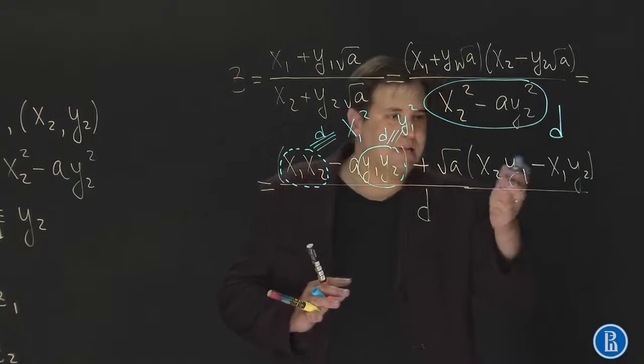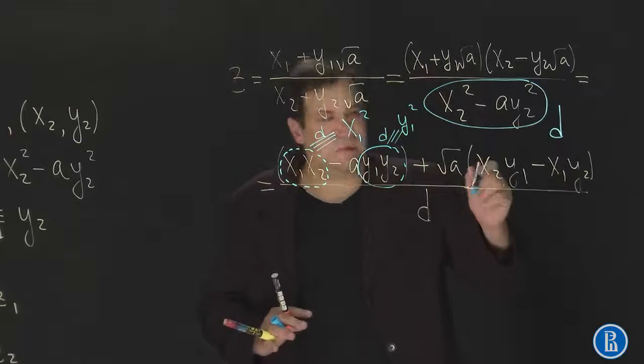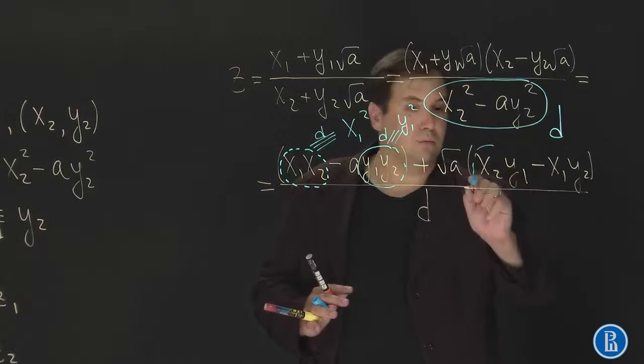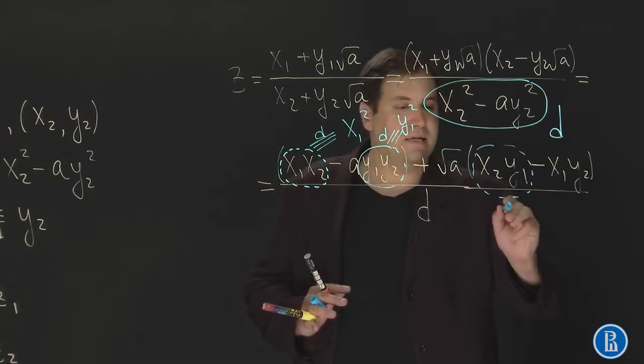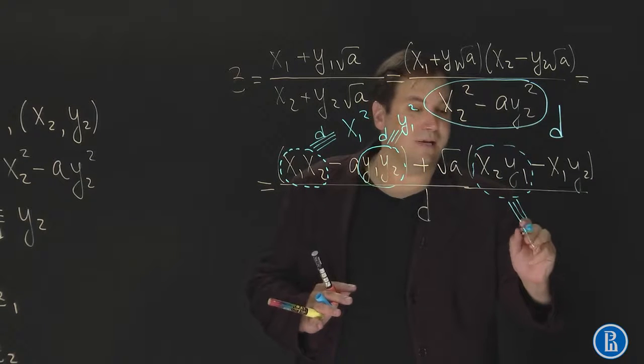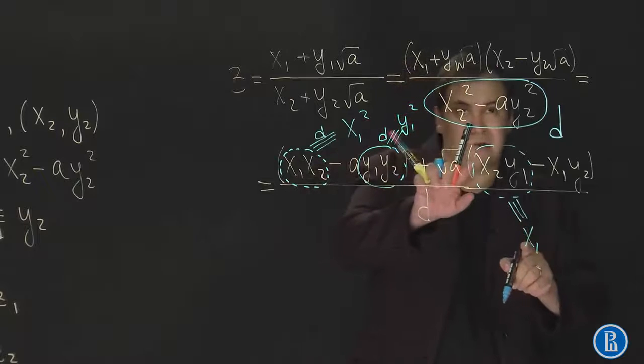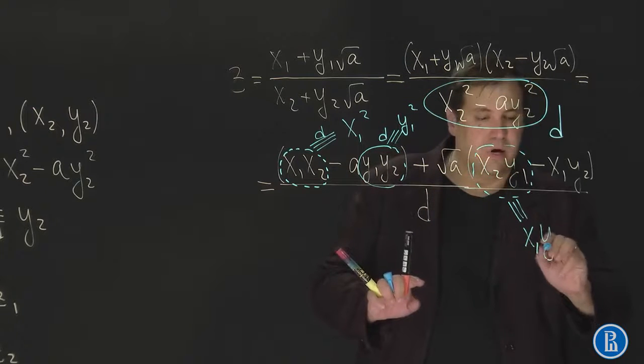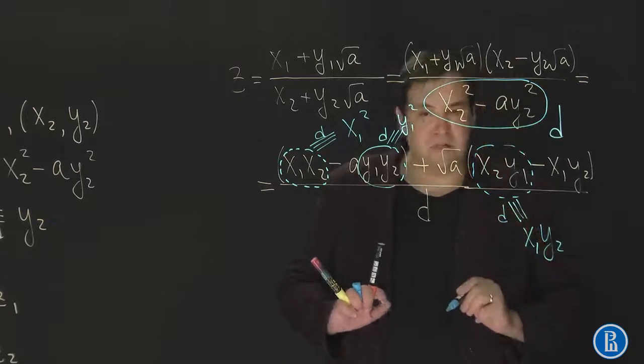And what about these products? Well, for instance, x2 y1 is congruent to x1 y2 modulo d, since we substitute x2 by x1, and we substitute y1 by y2 modulo d.